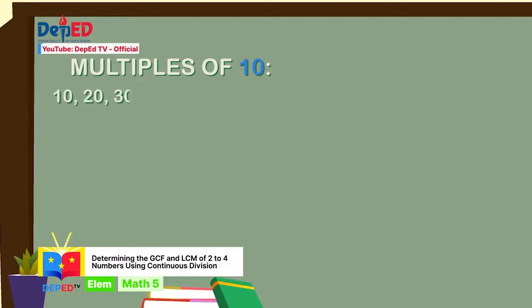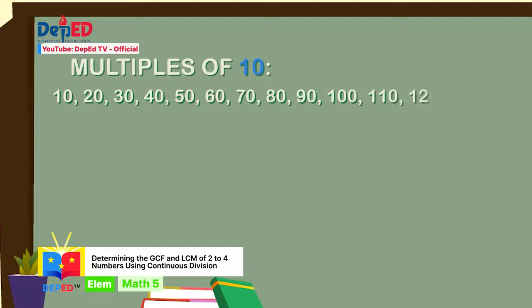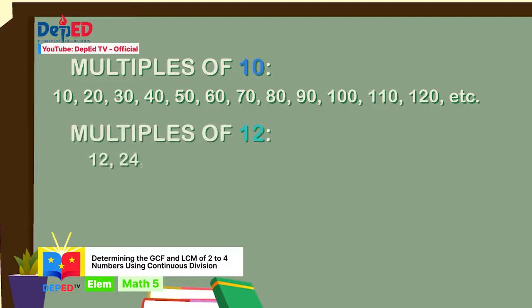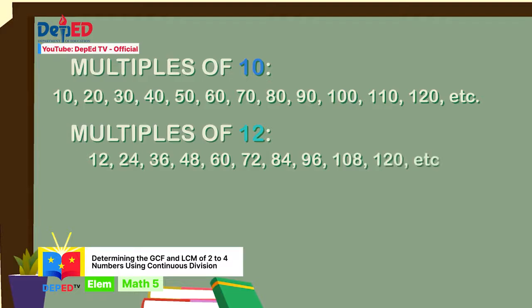10, 20, 30, 40, 50, 60, 70, 80, 90, 100, 110, 120, and so on. Multiples of 12. 12, 24, 36, 48, 60, 72, 84, 96, 108, 120, and so on.